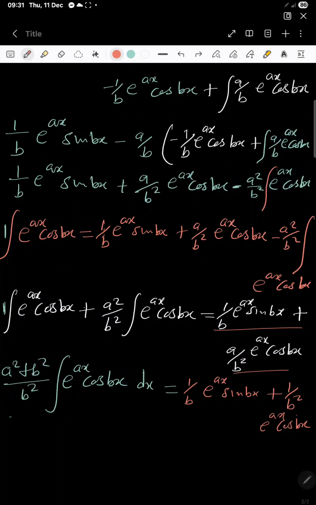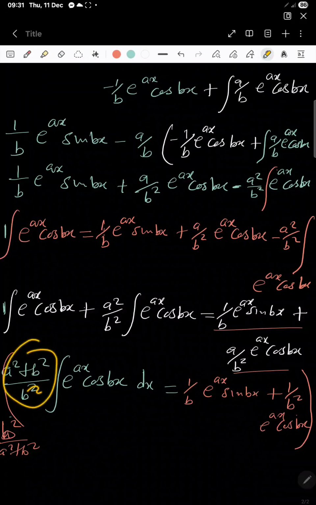So you do this, you also do that, and you multiply throughout by b squared over a squared plus b squared. You're multiplying this expression throughout by the reciprocal of this, so that they cancel out. The b squared and the a squared plus b squared go, and you remain with this part.